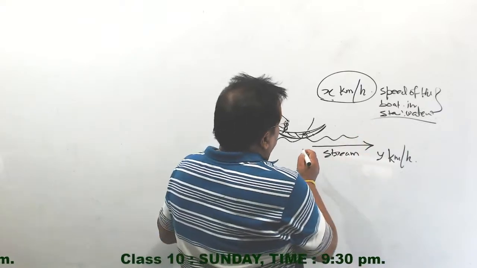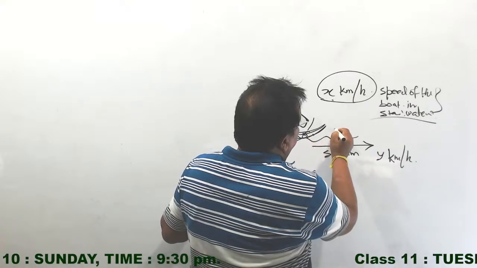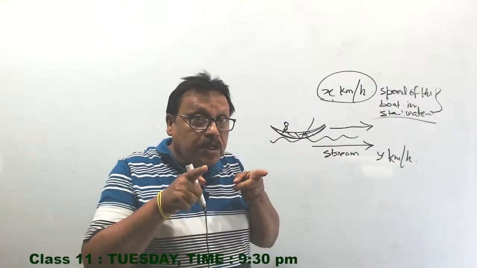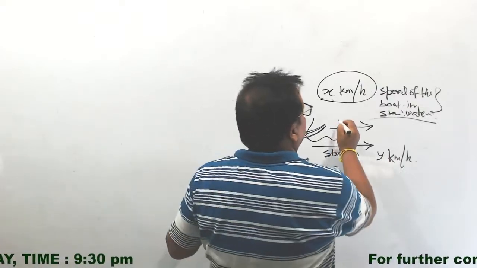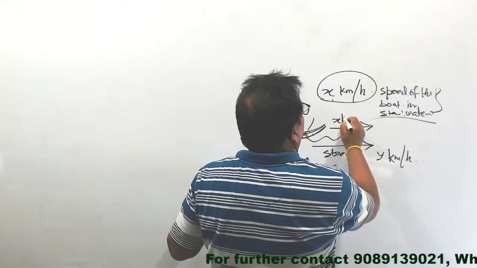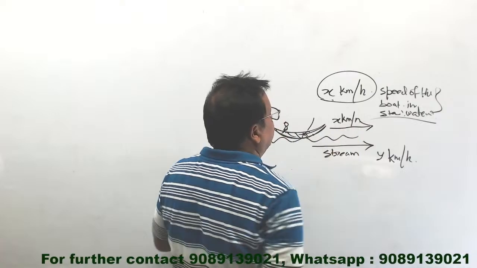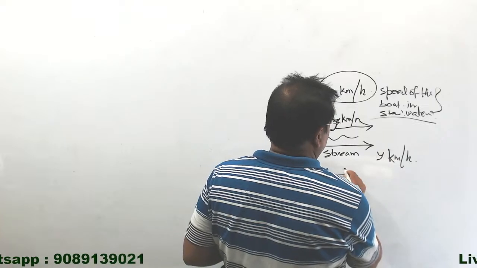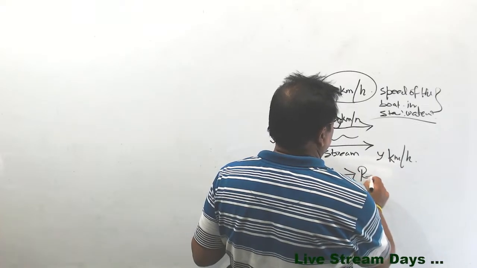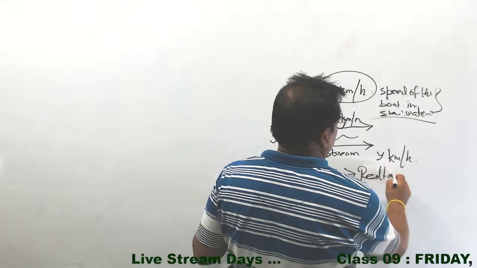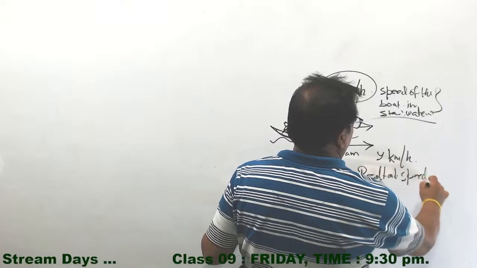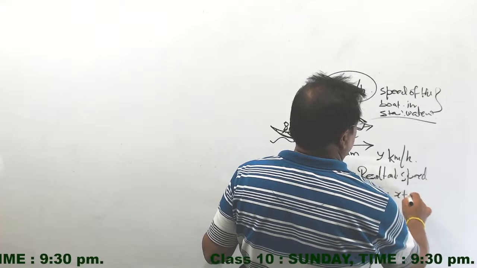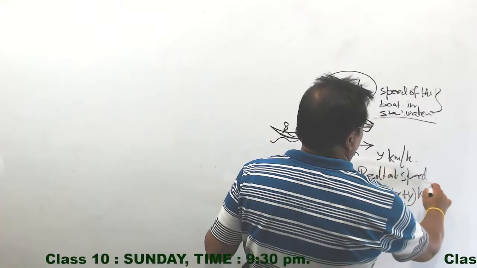Now, if the boat moves in the same direction as the stream, the boat's speed is x kilometer per hour and the river's is y kilometer per hour, then the resultant speed will be x plus y kilometer per hour.